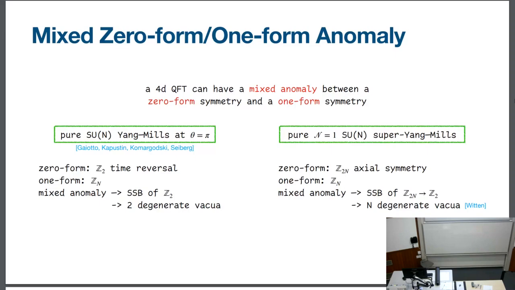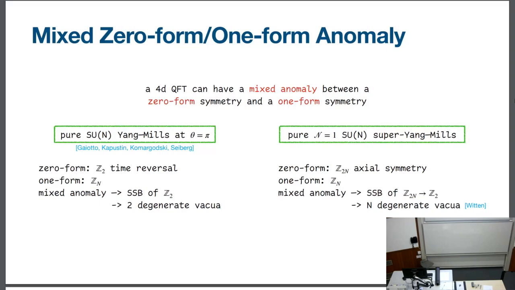Well, you have gaugino condensation, which we know about from textbook material nowadays. And what happens is that the gaugino condensation breaks the Z2n axial symmetry to just a Z2 subgroup, and you have n degenerate vacua. And indeed, if you look at the mixed anomaly between these two things, the only subgroup of the Z2n which does not have a mixed anomaly with the Zn is the Z2 subgroup.